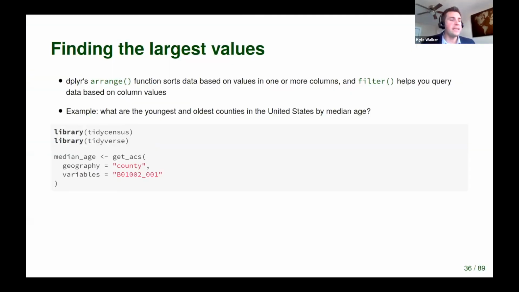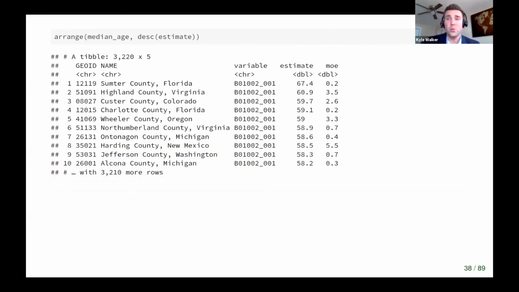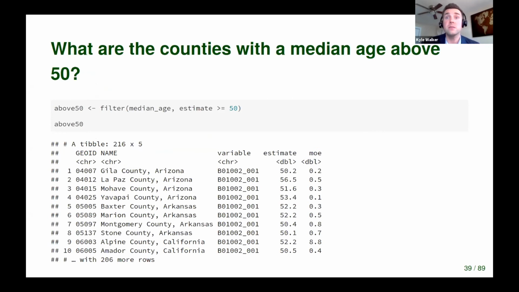The second piece that you might be interested in is grabbing subsets of information based on values that might be in various columns. We've looked at arranging our data, but what if we want to know what the oldest counties in the US are, or how many counties in the US have a median age greater than or equal to 50?